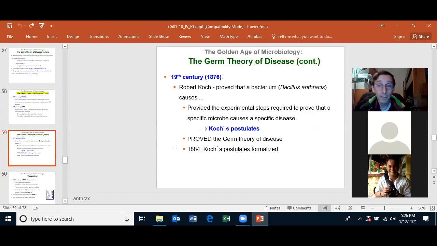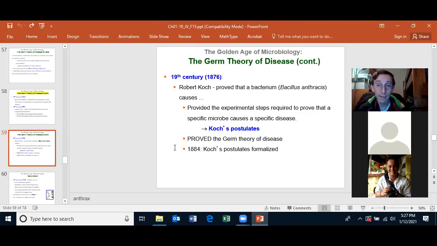But the germ theory of disease was proved by Robert Koch. Dr. Koch did not propose the germ theory of disease. He proved it. What he did was he took the bacterium Bacillus anthracis and studied it and showed that it could cause the disease anthrax.